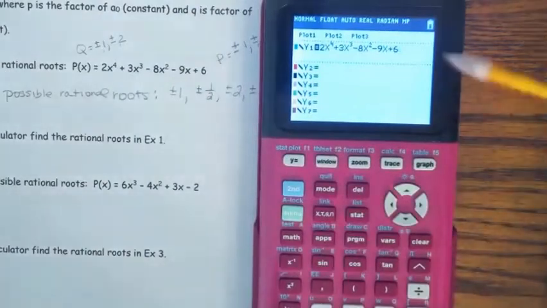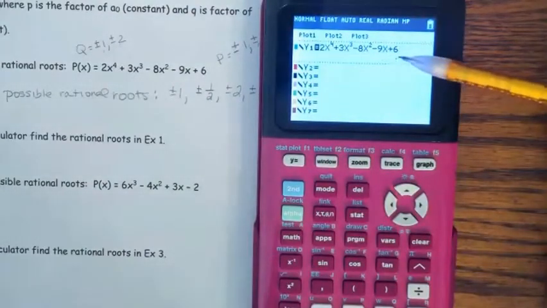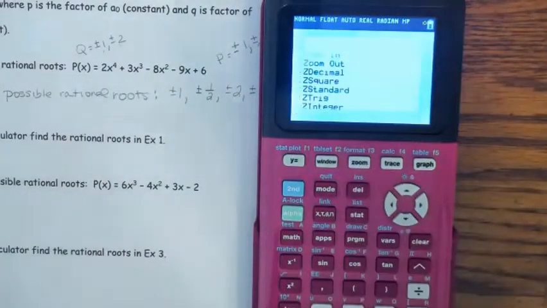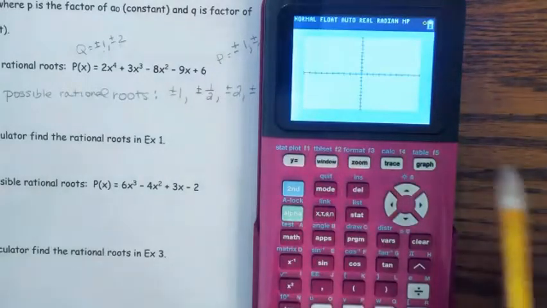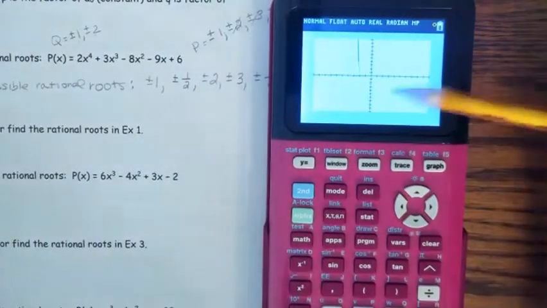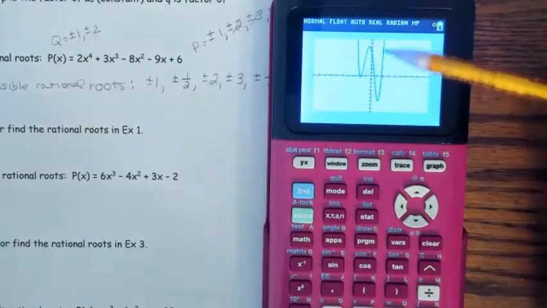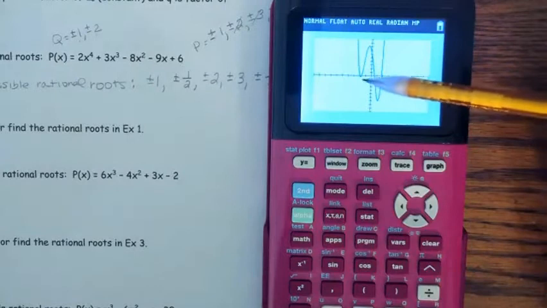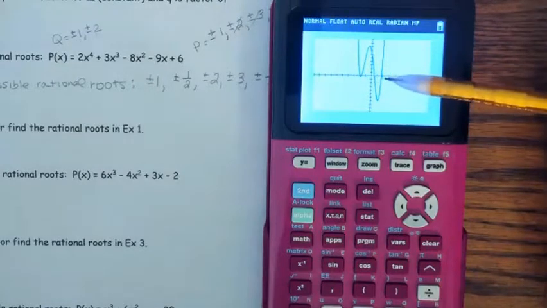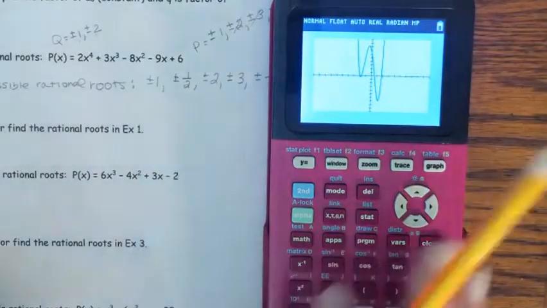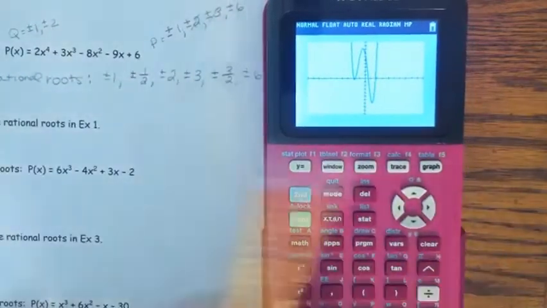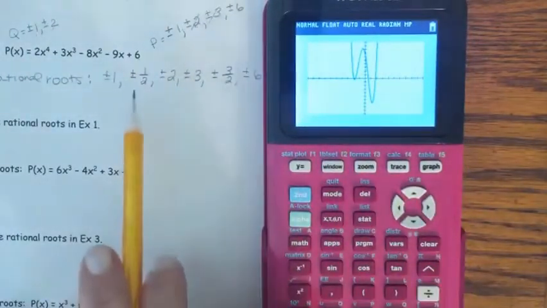Just going to double check to make sure I entered it correctly. I'm going to hit zoom 6. I'm looking at where this polynomial crosses the x-axis. It looks like it's crossing in 4 places. Which one is actually one of these rational roots?